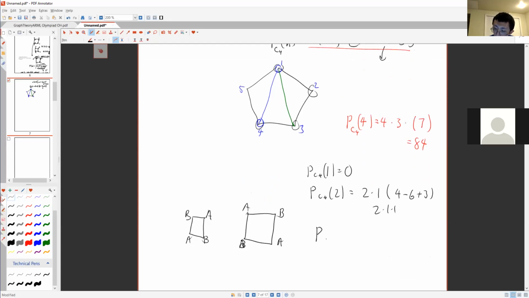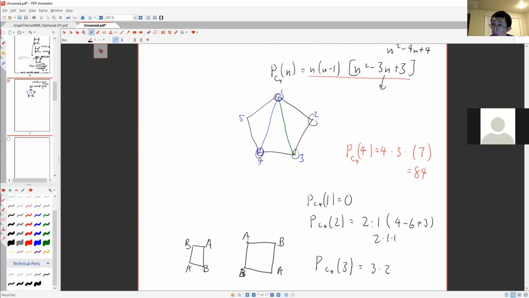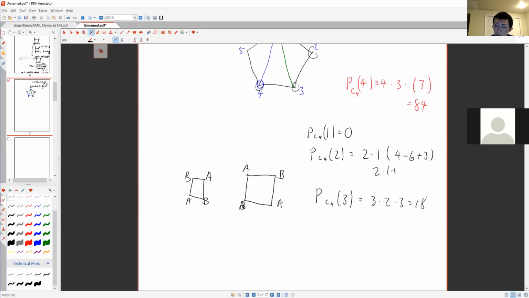If I plugged in 3, do I get the right value? You can check that, you probably do, but maybe we'll just check it. So 3 times 2 times 3 is 18. I'm a little bit lazy to compute if this is correct, but you can check that, it'll be correct. If there's 2 colors, then there's 6 ways.